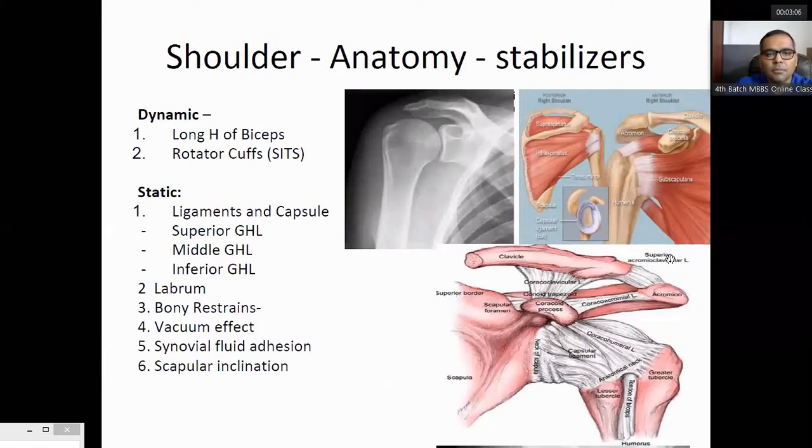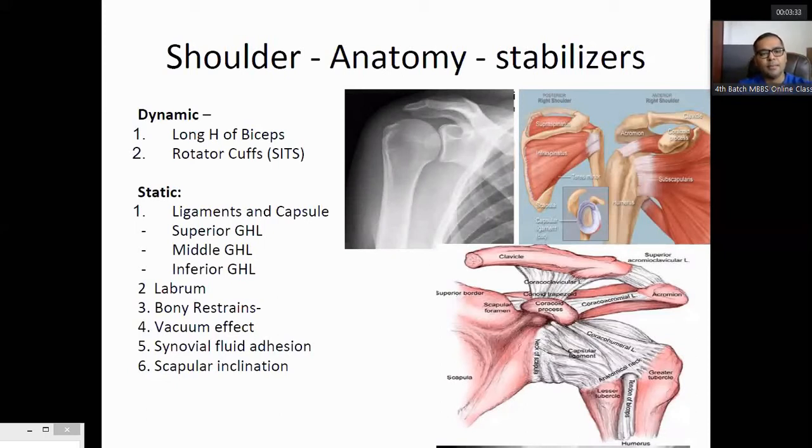Starting with the dislocation of the shoulder and the anatomy and the stabilizers of the joint, broadly classified as dynamic and static stabilizers. Dynamic are the muscles: the long head of the biceps, right over here, and the rotator cuff: supraspinatus, infraspinatus, teres minor, and subscapularis.